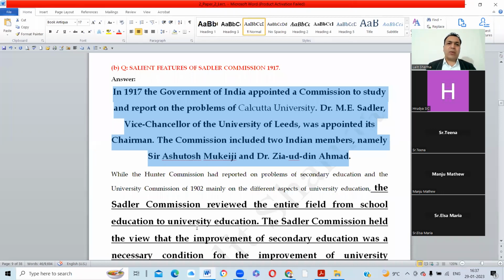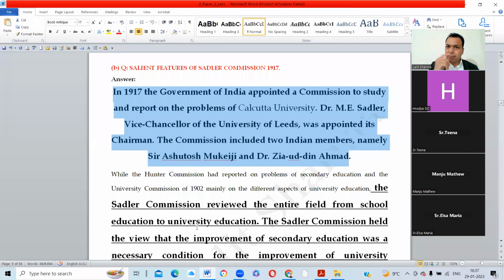You know that the first university started was Calcutta University, before independence. So there were so many problems in Calcutta University. So in 1917, the Government of India appointed a commission to study and report on the problems of Calcutta University. Dr. M.A. Sadler was the Vice Chancellor of the university. So that's the name of the person, and that's why it is called the Sadler Commission.